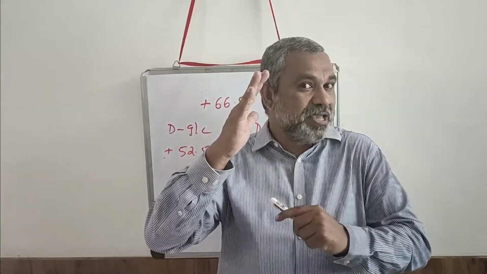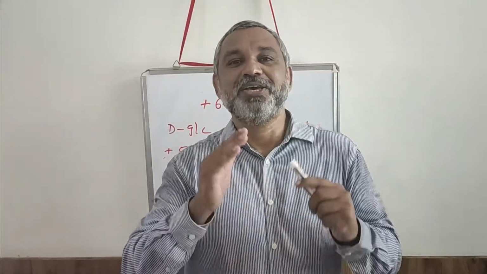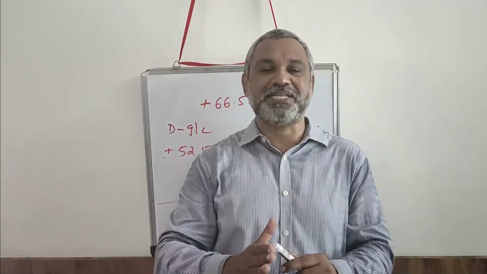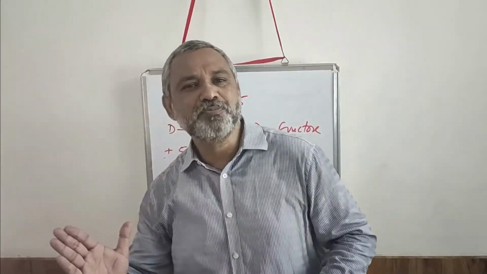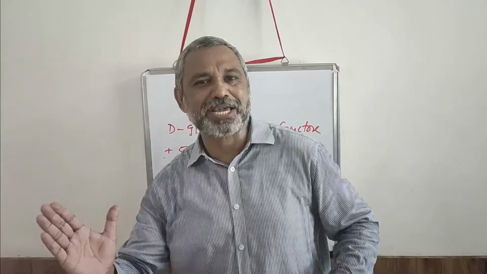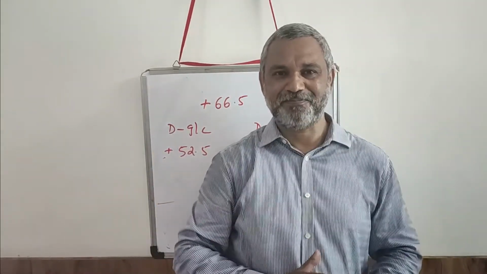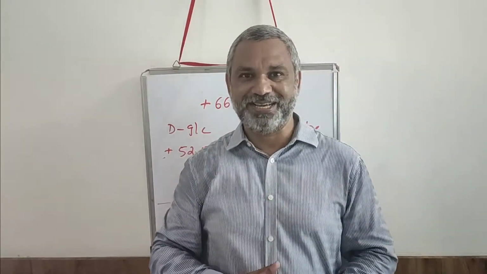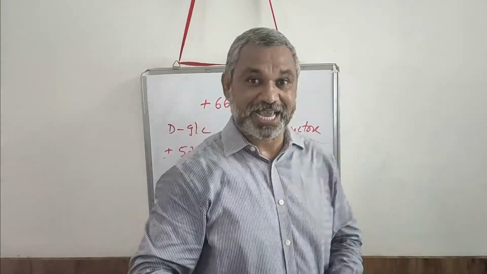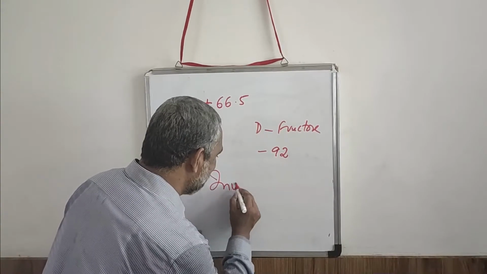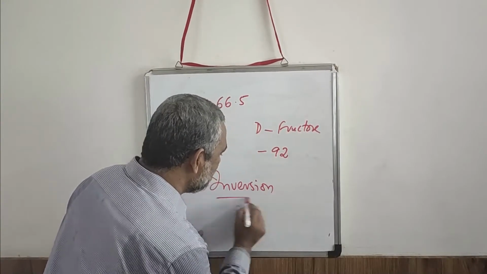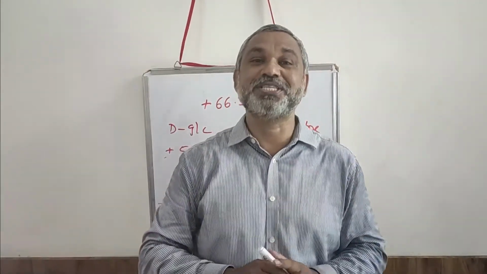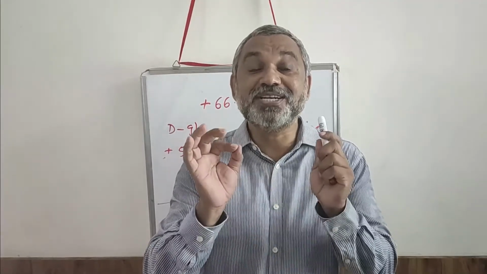So effectively, when it is hydrolyzed, you will see in the polarimeter a move from a plus sign to a minus sign, from dextrorotatory to levorotatory. Inversion occurs. Therefore, sucrose is called invert sugar.